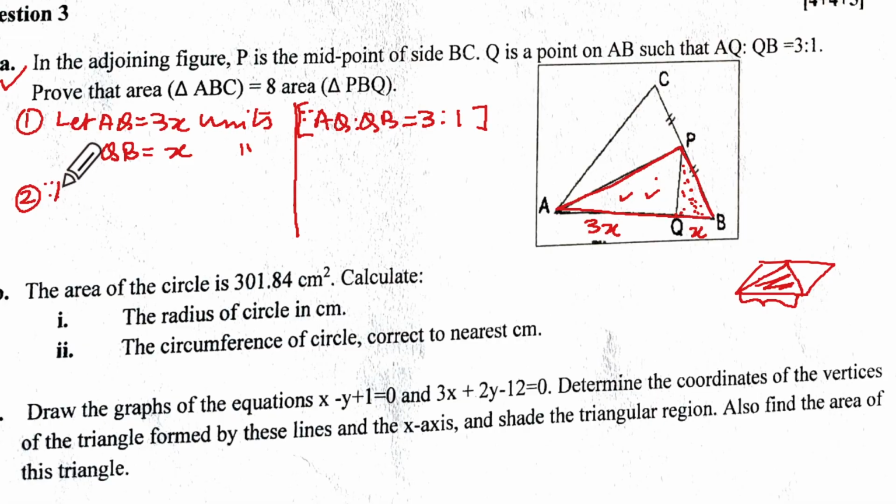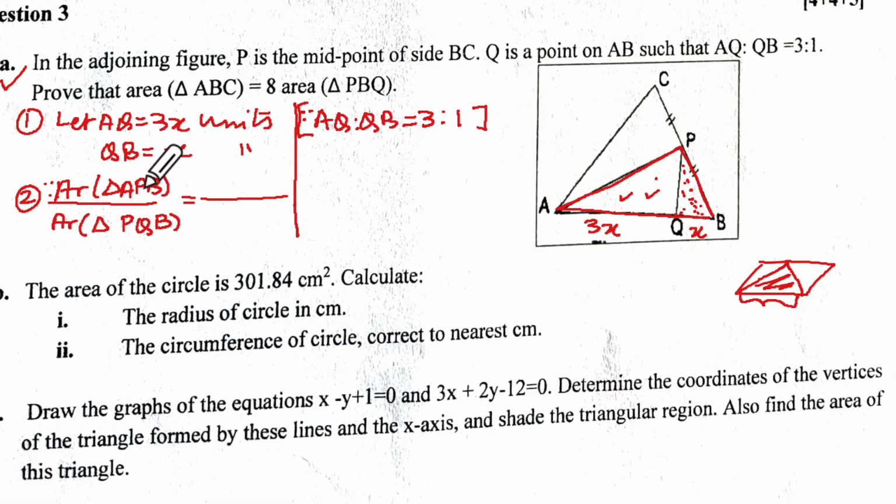Therefore, area triangle APB upon area triangle PQB will be equal to, when I write half base into height, half base into height, half gets cancelled, h gets cancelled. Did you understand?